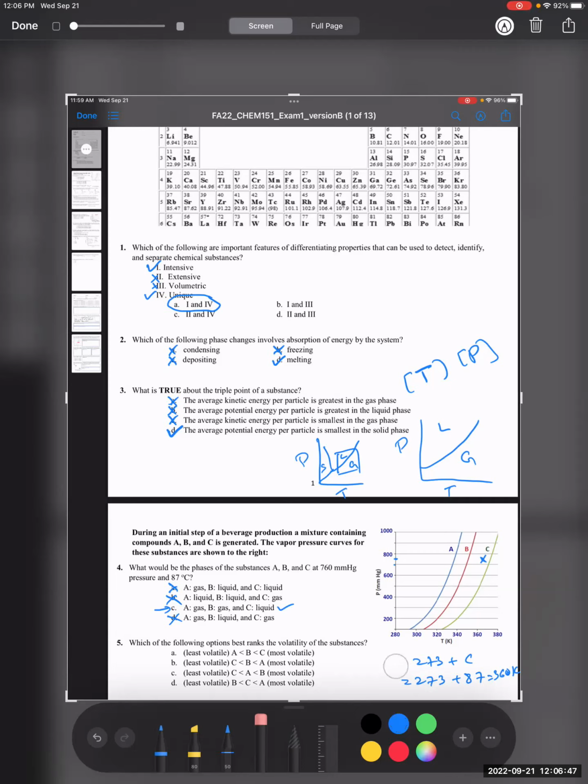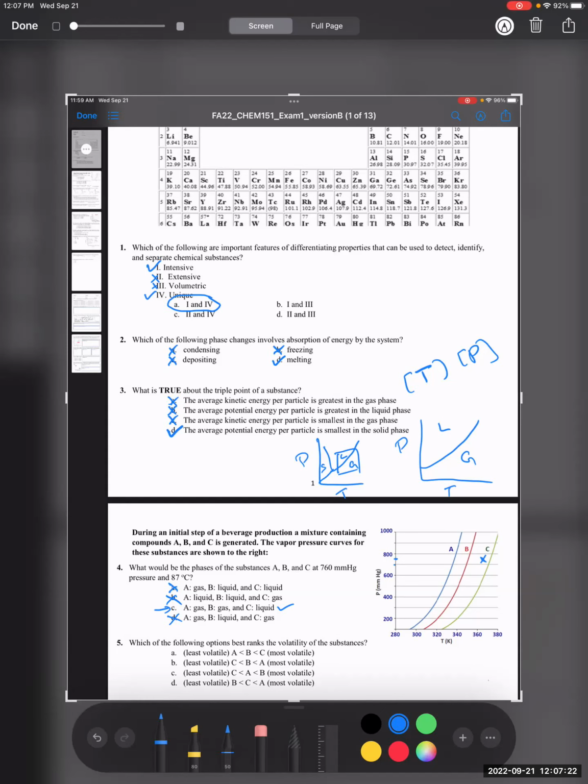All right, let me raise a few things to make some room. Okay, which of the following options best ranks the volatility of the substances? Now, volatility means how easy it is for the liquid to go to the gas phase. The weaker the attractive interactions between the particles, the easier it is for them to break these interactions and go into the gas phase. Because in the liquid, particles are closer to each other and relatively strongly attracted to each other.